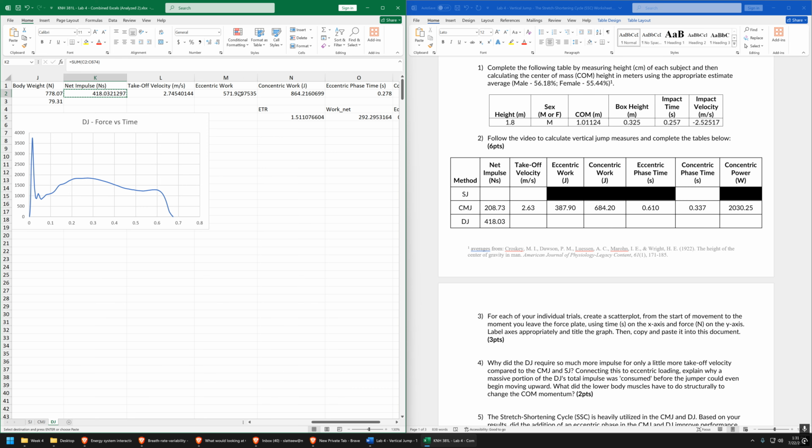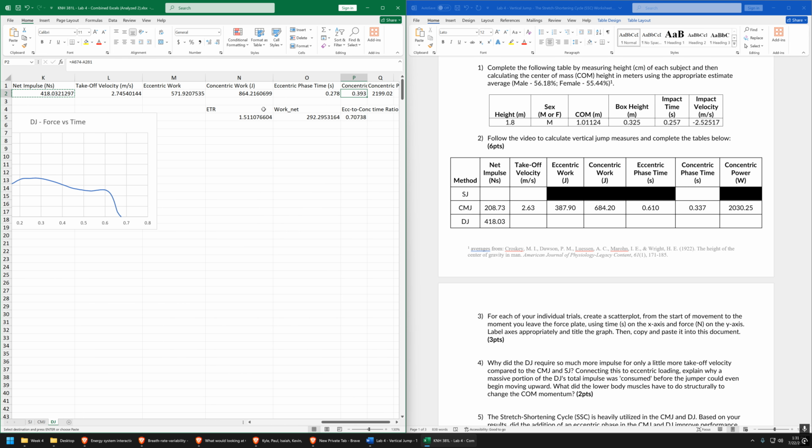Great. One interesting highlight that you can see already is there was more concentric work done here. There was more eccentric work done as well for the drop jump. There was more energy in the system because I dropped.